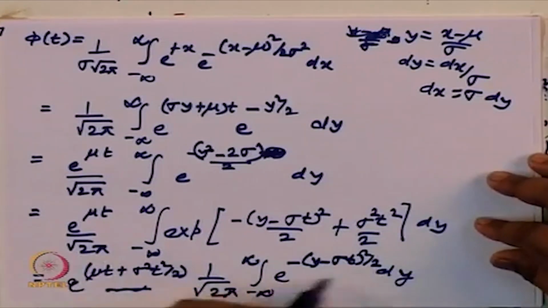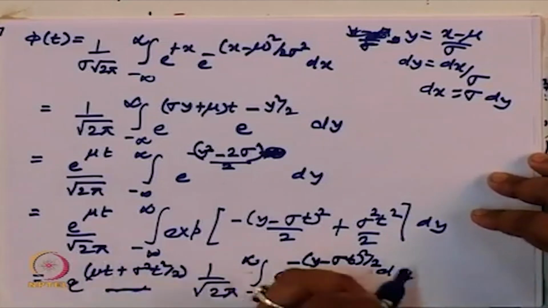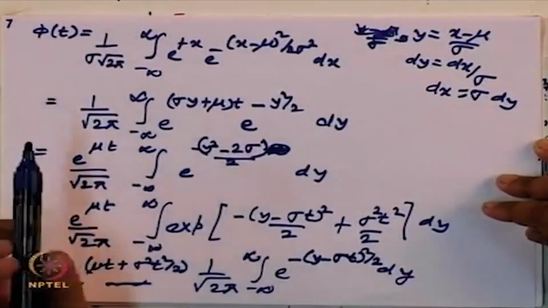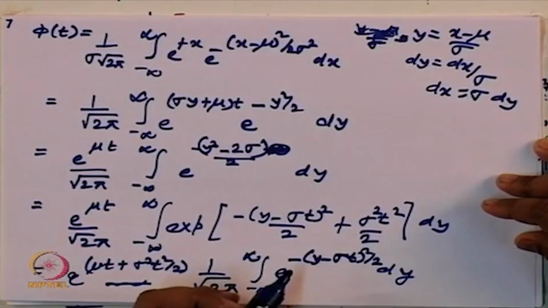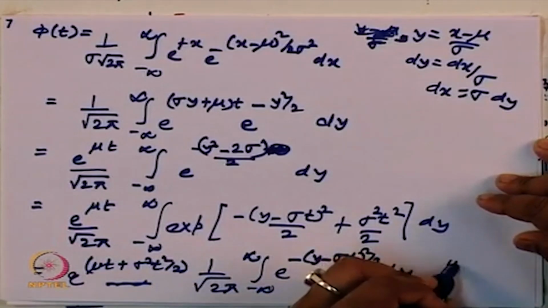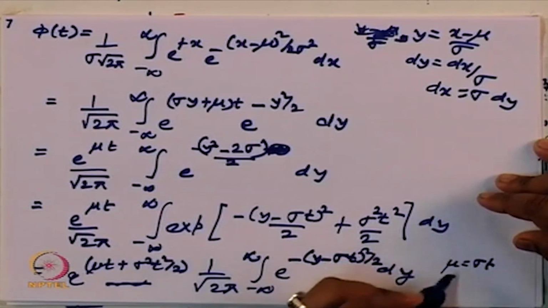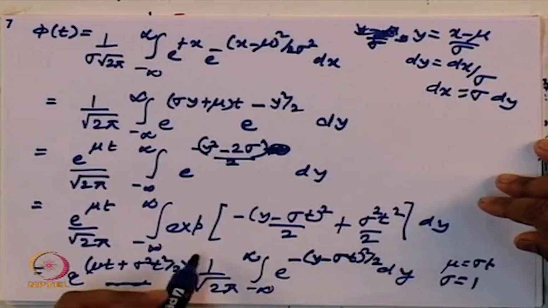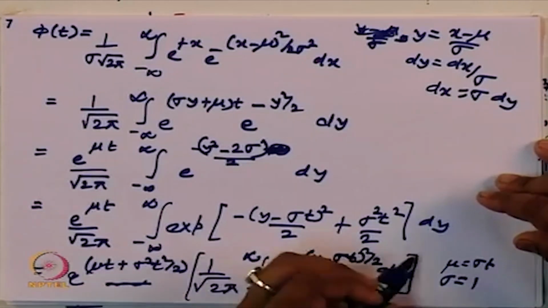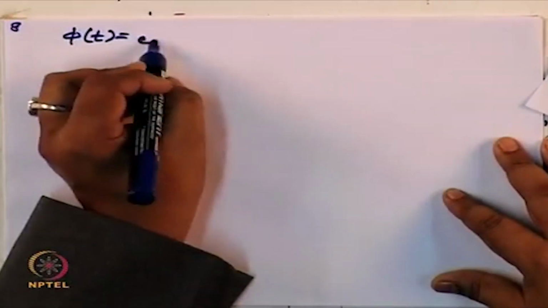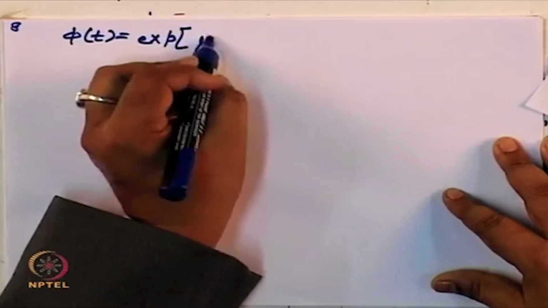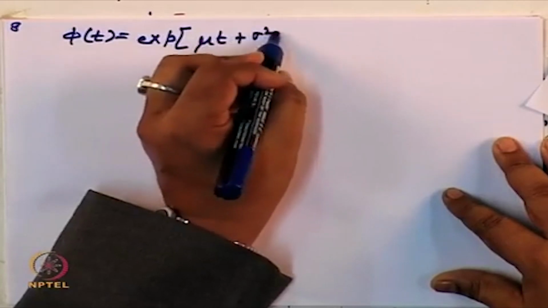This term is nothing but the same distribution f of x with parameter mu equal to sigma t and sigma equal to 1. So this integral gives you nothing but 1. So I can then write the entire phi of t as exponential mu t plus sigma square t square by 2.